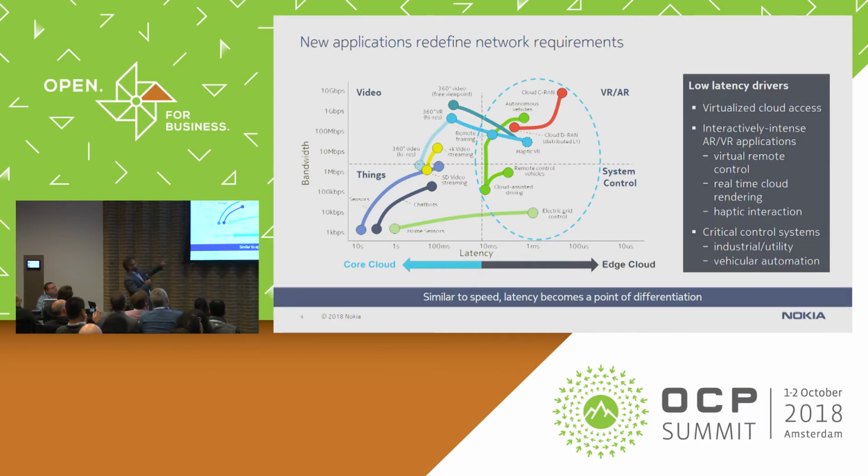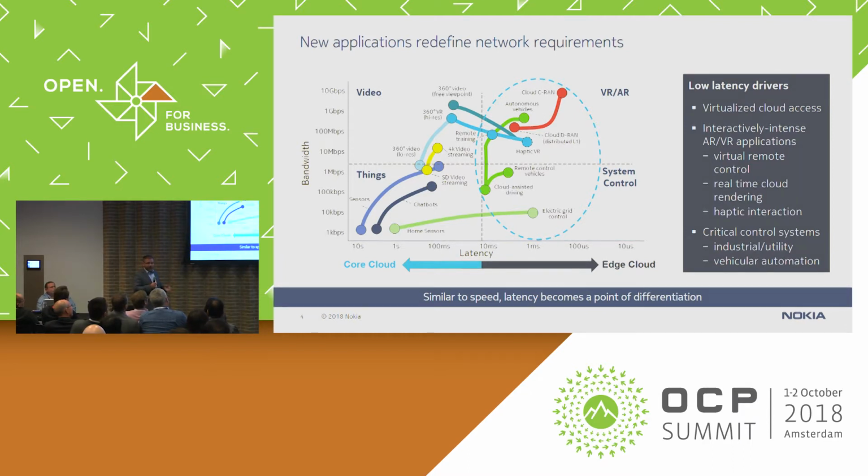But the more we move from the left bottom corner of this quadrant to the top right corner, the latency requirements of the services start to be in the range of less than 10 milliseconds, even 1 millisecond level or lower. Bandwidth requirements start to be very high.